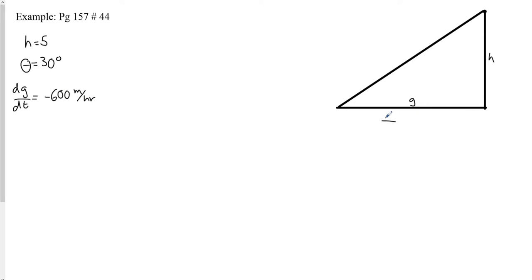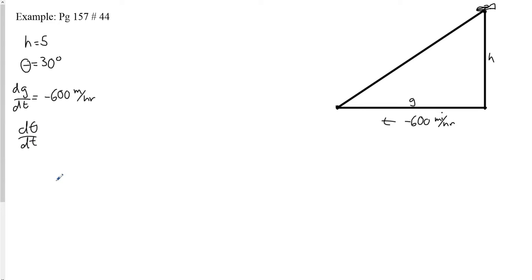Now we know it's negative 600 because it's going towards the observer. If the observer's here and the little airplane is flying towards us, it's negative 600 miles per hour. All right, so we do know that. And they want us to figure out d theta over dt.